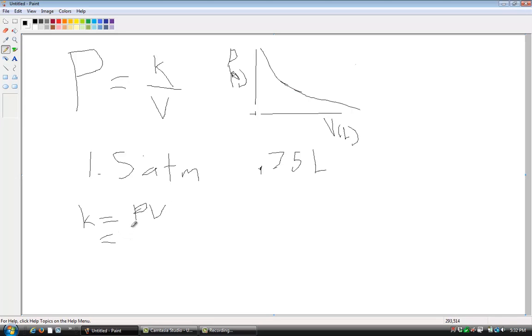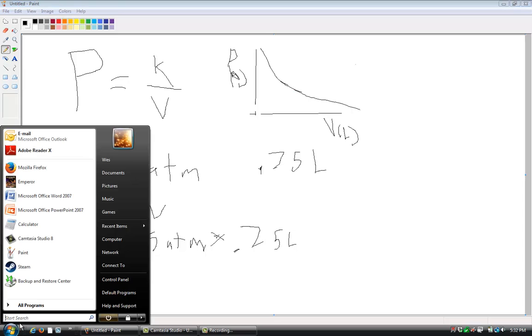And so we do pressure times volume, so 1.5 atmospheres. It's getting harder to write with the mouse, guys, so I apologize for the messiness. Times, I'll just make an X here, 0.75 liters, and I'm not doing that in my head.